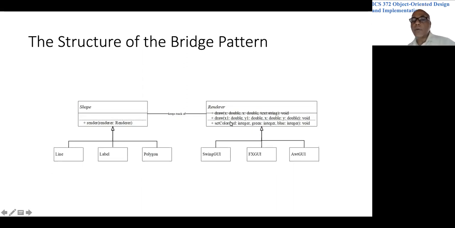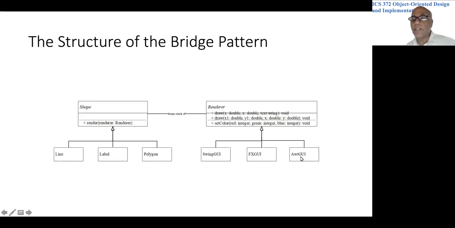And these would be implemented using the appropriate methods of the 3 different technologies. AWT will have its own implementation of the draw methods. FX will have its ways of drawing labels and text and lines and setting colors and so on. So would be the case for Swing.